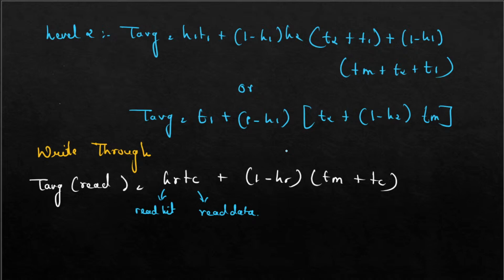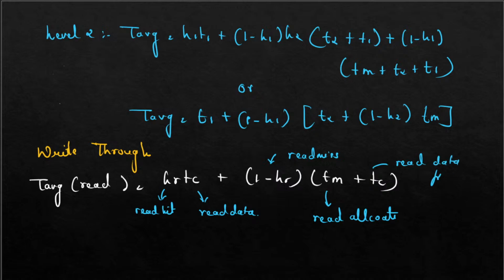Okay, after that this is read miss, after that this is read allocate, and then this is read data from cache memory.